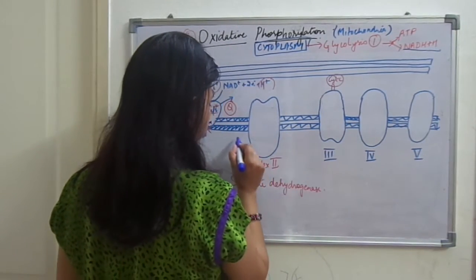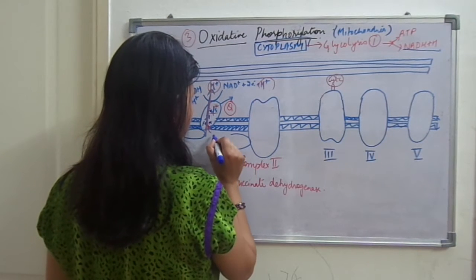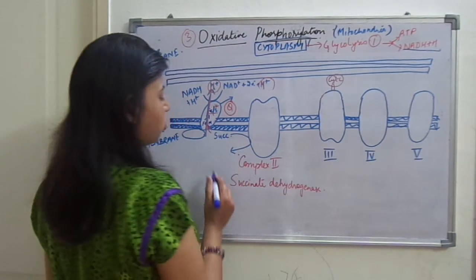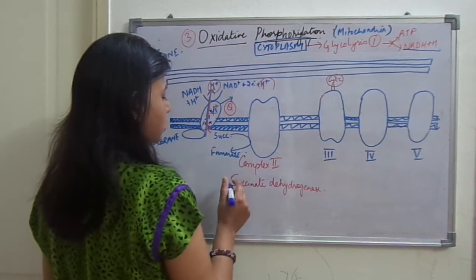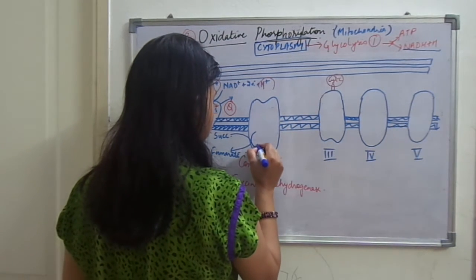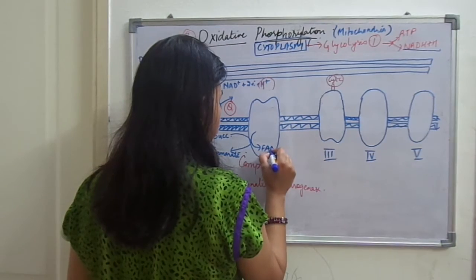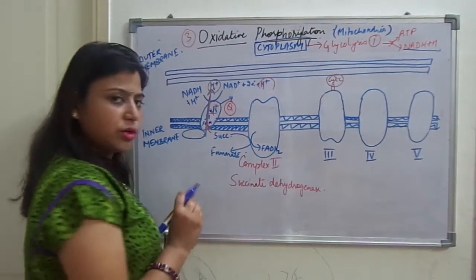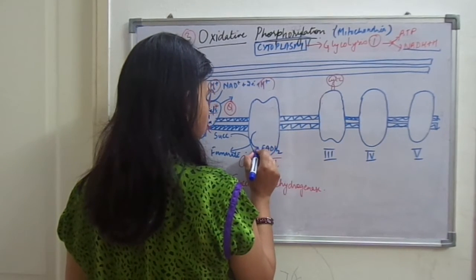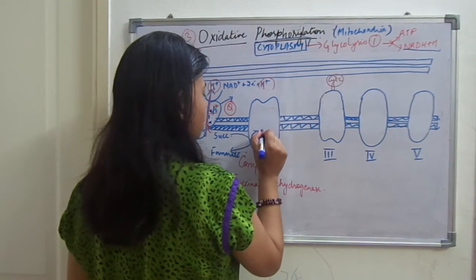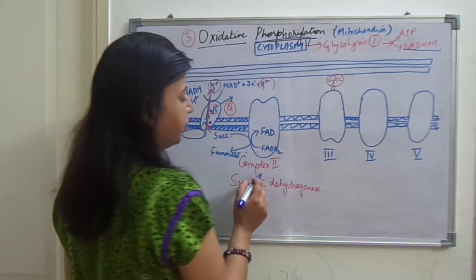What this complex does, it converts the succinate molecule to fumarate molecule, and in this process a FADH2 molecule is produced. This FADH2 molecule will further convert into FAD.